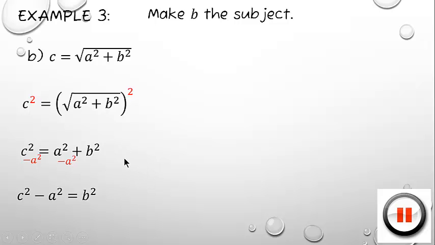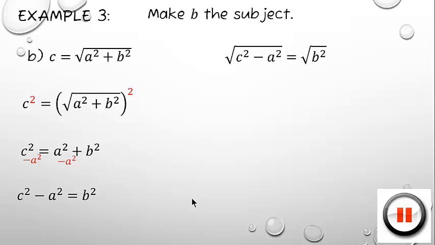You might remember this from when we did Pythagoras' theorem in year 8, changing the formula to find the shorter side of a right angle triangle. We have b squared. We need to get rid of that squared, so the opposite of squaring something is taking the square root. So if I take the square root of both sides, I have the square root of c squared minus a squared equals the square root of b squared.